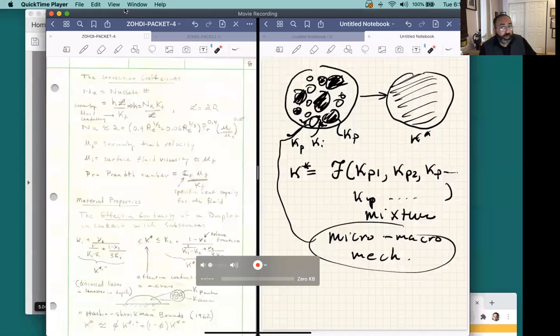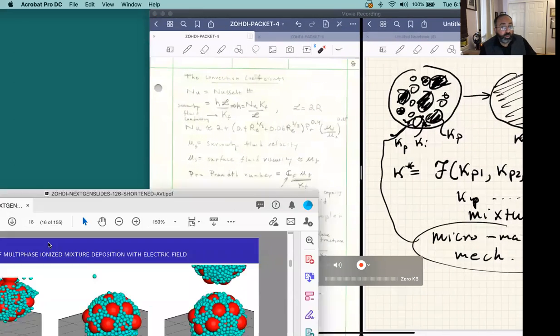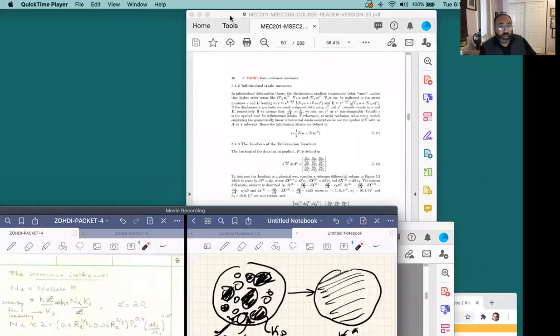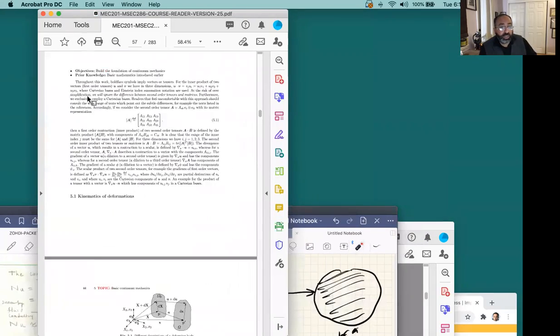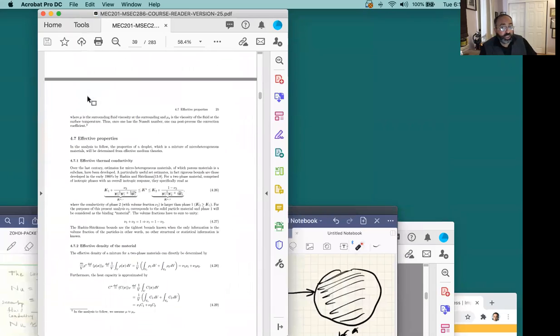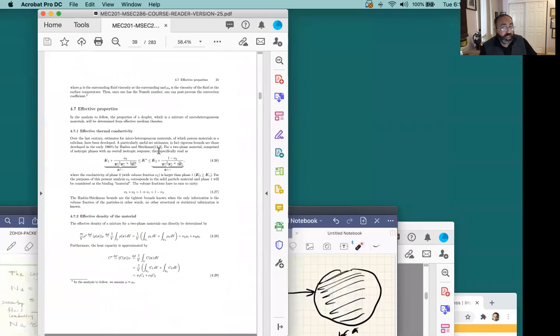The main point I wanted to make is that when we look at this kind of relationship, let me go back to the notes, you will see that in the relationship for the effective medium theories, equations 4.26, they give you formulas for what those are.